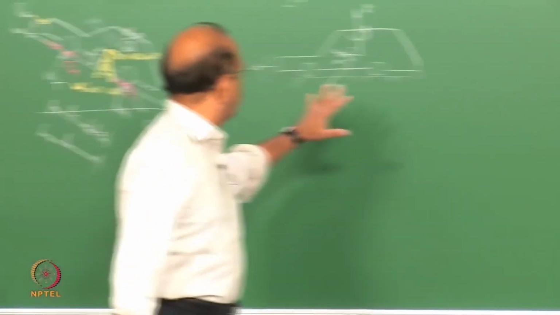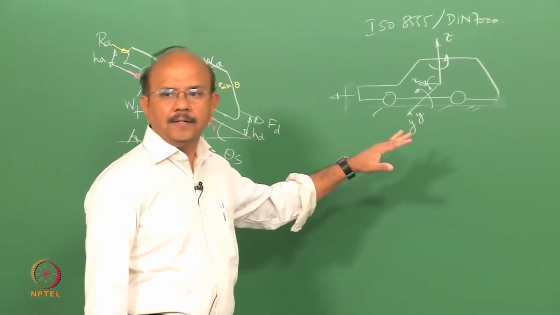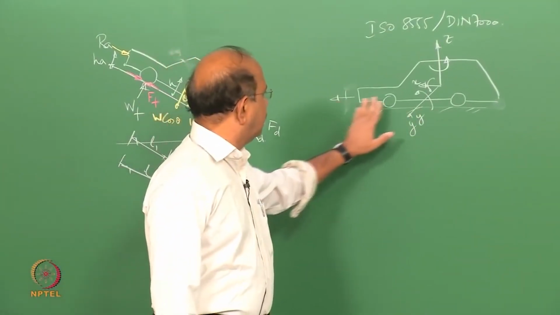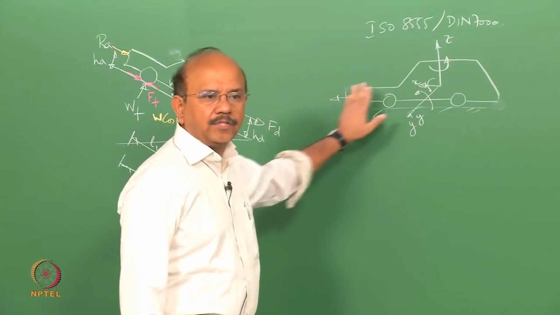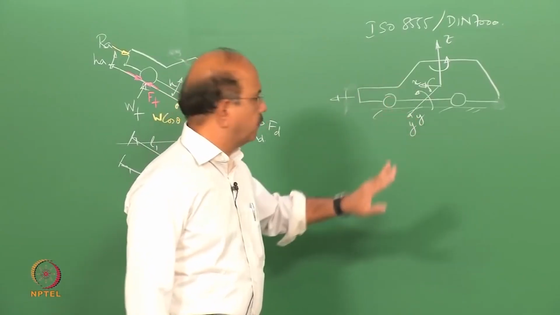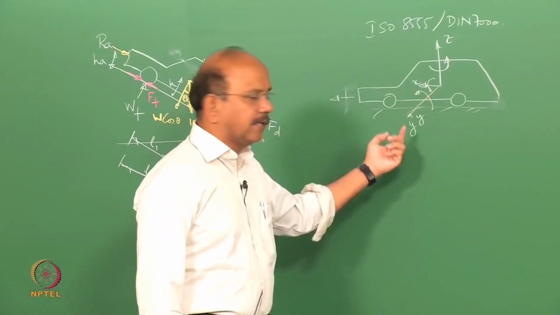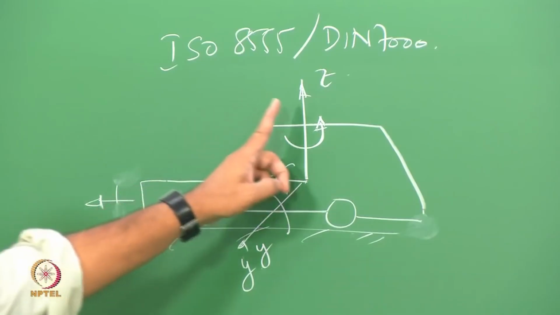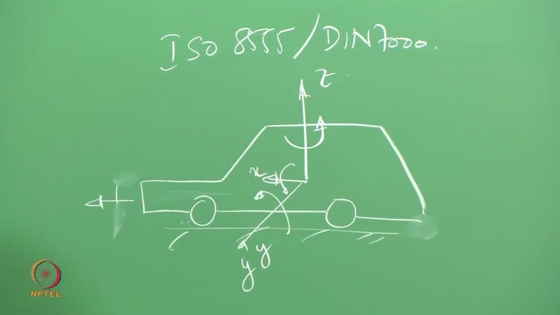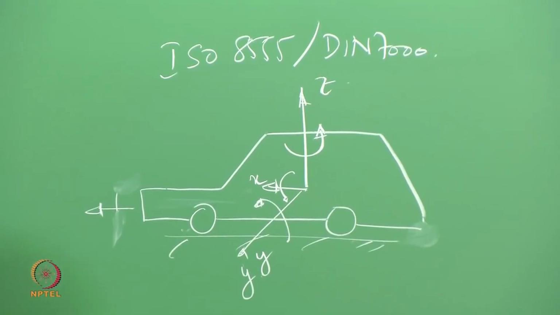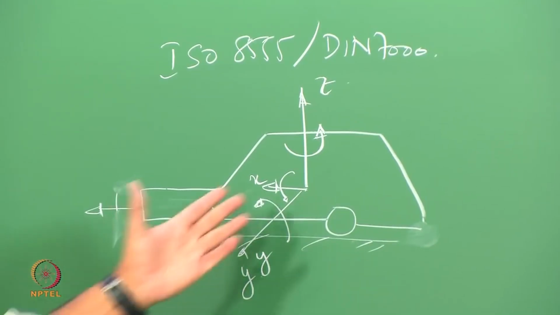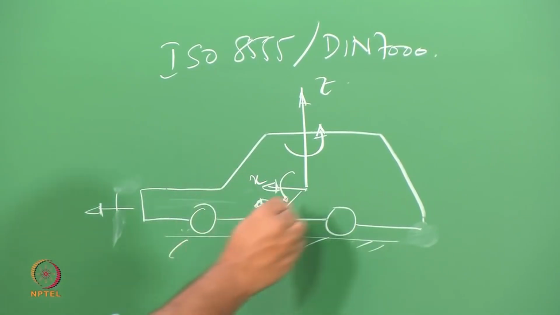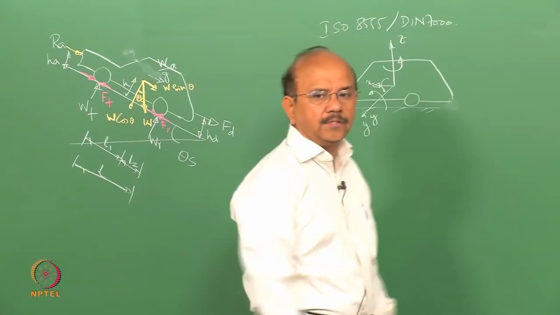This comes out of an ISO standard, and we call the direction along the direction of travel X, perpendicular like that Y, and the other direction normal to the ground Z. So longitudinal, lateral and vertical directions.